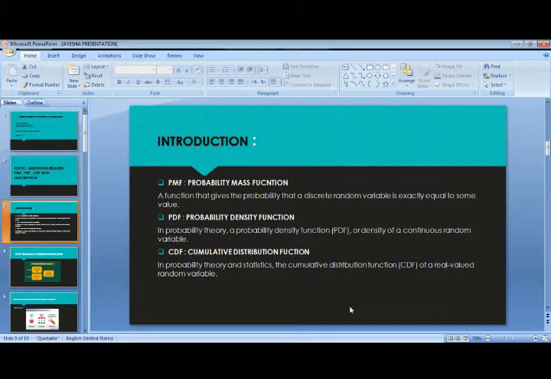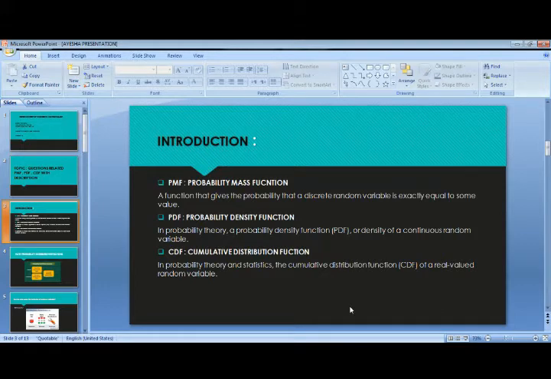The difference between all of them is that PMF is basically the probability that a discrete random variable is exactly equal to some value. PDF is basically the density of a continuous random variable and CDF is basically for a real valued random variable.